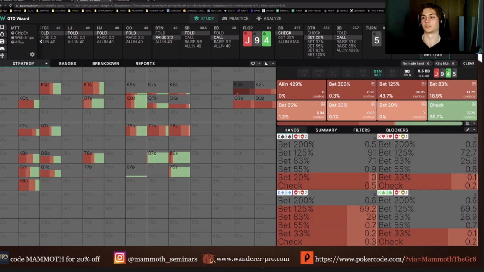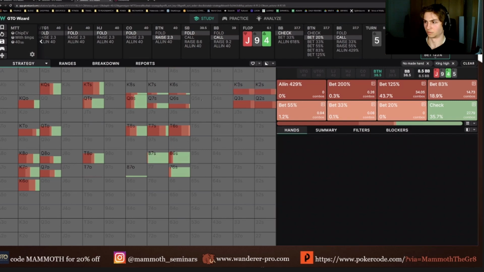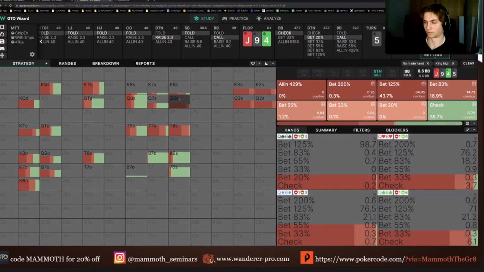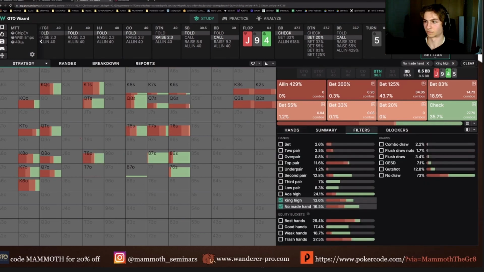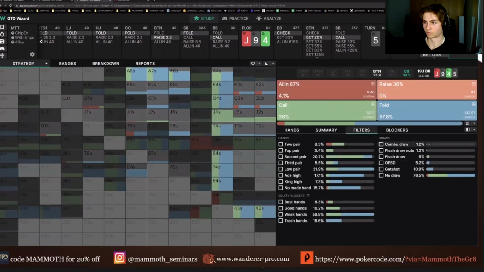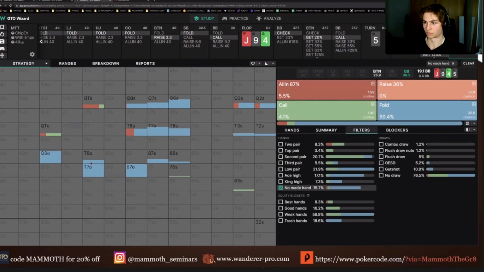Interesting. And this is because a deuce and a 3 and a 6 don't block the folding range, but a 10 and an 8, a queen, do block the folding range. So when you bet the turn, a lot of stuff like this folds, but there's no deuce or 3 in it.